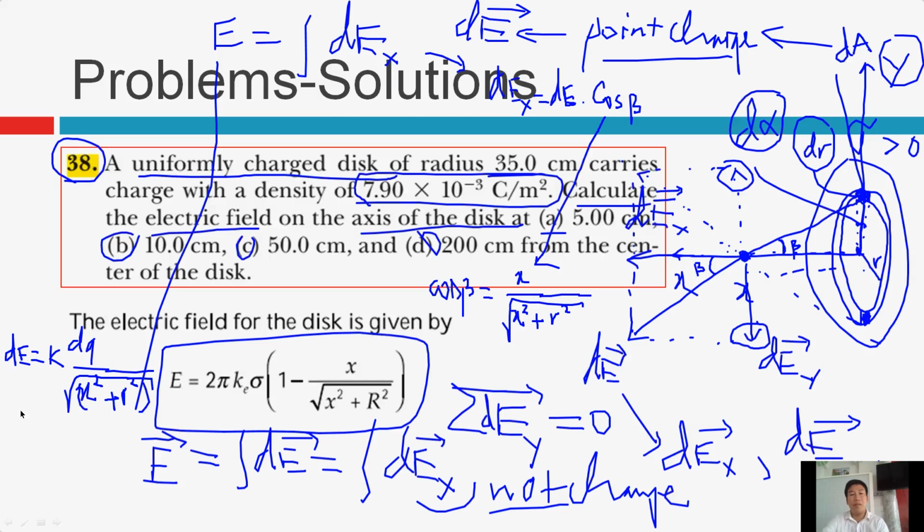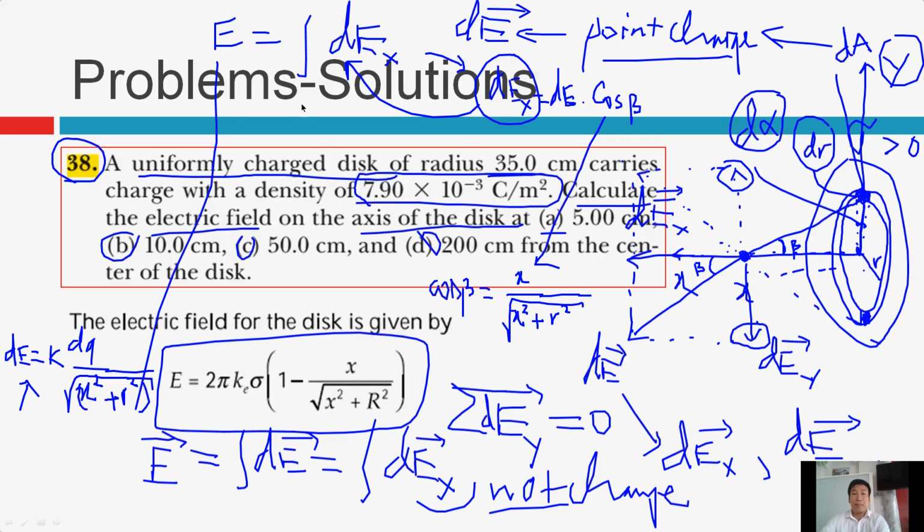Okay, so you already have dE. You substitute the dE here and the cos theta here to have dEx, and you substitute it into here, you can have the integral.